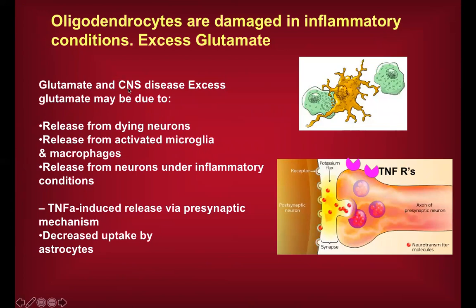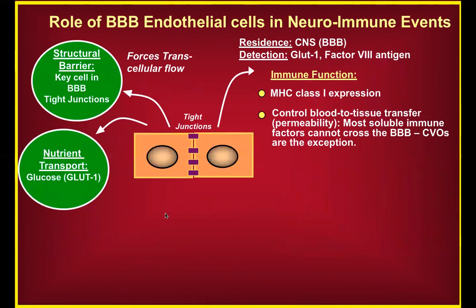Glutamate is something that other cells will sense. If it's released from dying neurons, it will activate microglia and macrophages. This is going to increase inflammation, with things like TNF alpha, which you've talked about, which has been studied pretty heavily with the oligodendrocytes. We know that there are receptors for TNF alpha, and it can affect the oligodendrocytes negatively.